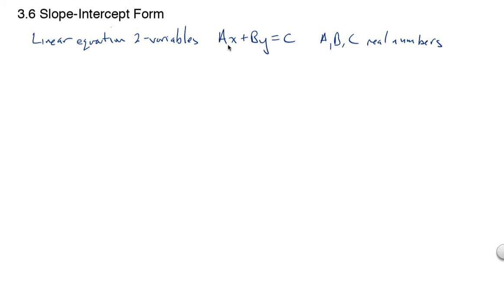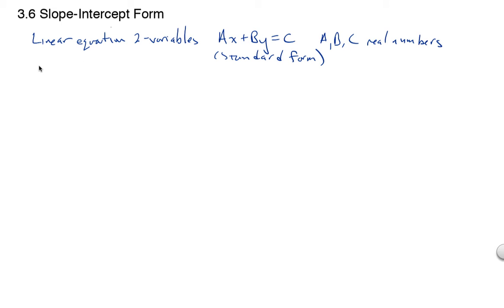This is what we call the standard form. So any equation that has x's and y's in them, not multiplied together, and the powers on them are 0 or 1, usually 1. Those will be equations of lines.